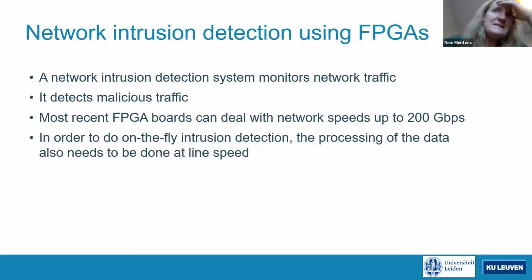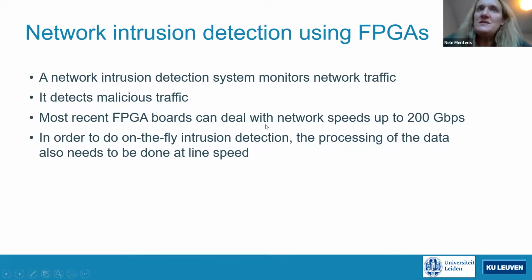Now, why is this important now to use FPGAs here? Well, because there's so much data that needs to be processed, and because the speeds at which this data goes through the network are becoming so high, it's not possible anymore with a traditional CPU to keep up with this speed and to make sure that we have enough memory that can also be accessed at high speed to do all this monitoring.